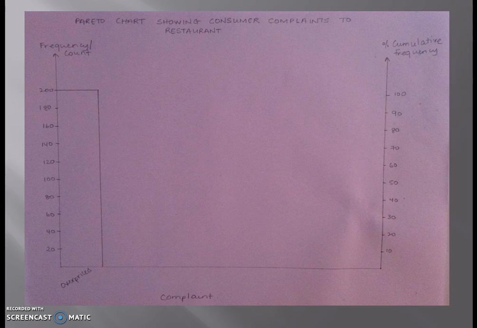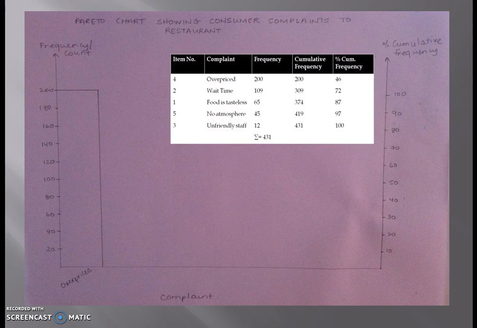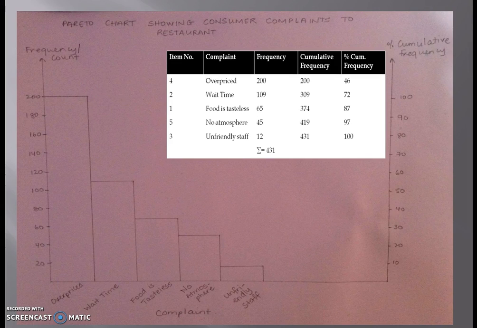This is the first item, to show the count or the frequency number. Right, so for overpriced food, which had a frequency of 200, we plotted it here against the frequency axis. When you finish, all should look like this with each item.